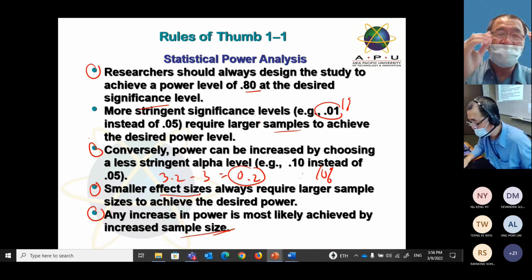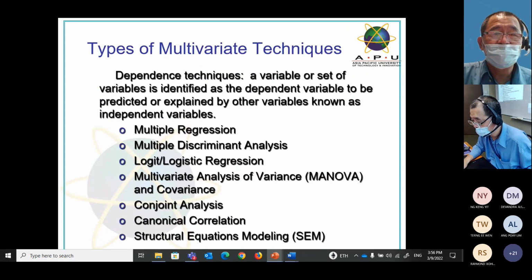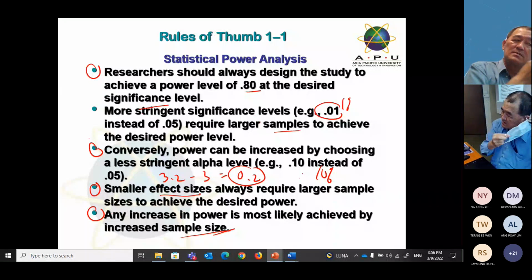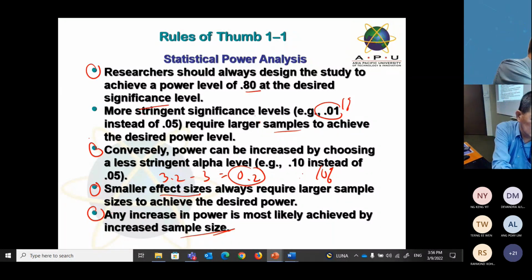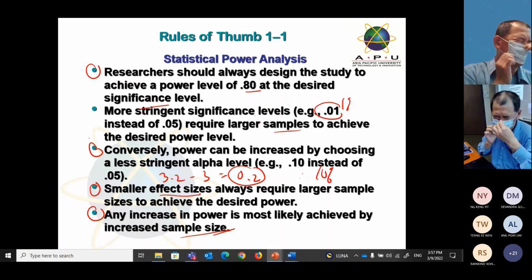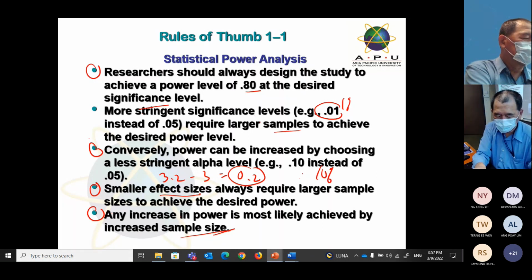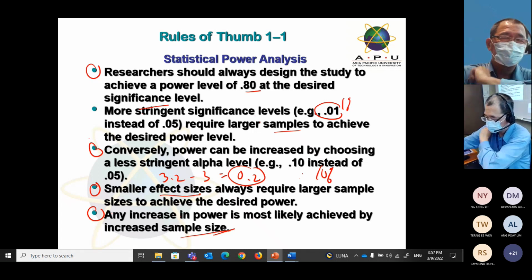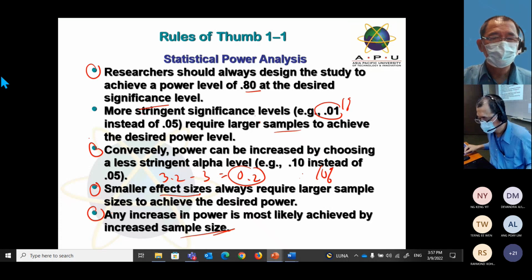Okay, any question for this part? Just a general question. It means we can always choose which significance level we want in order to achieve our desired power, right?